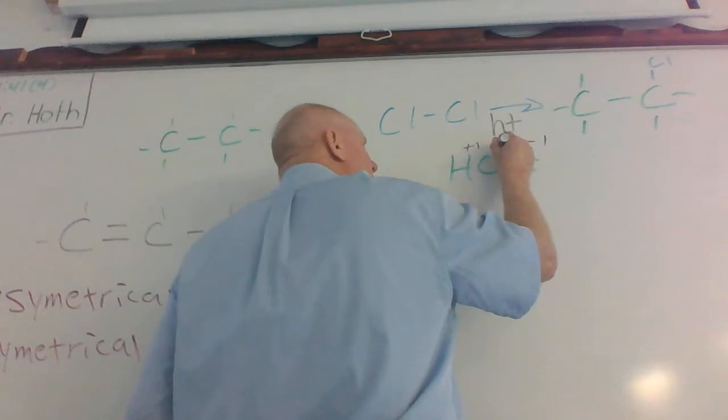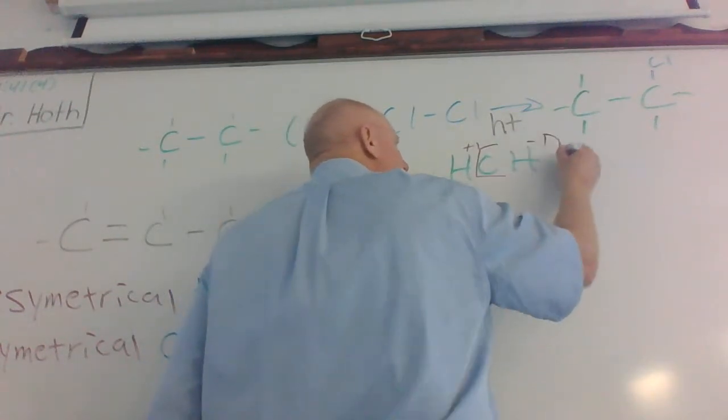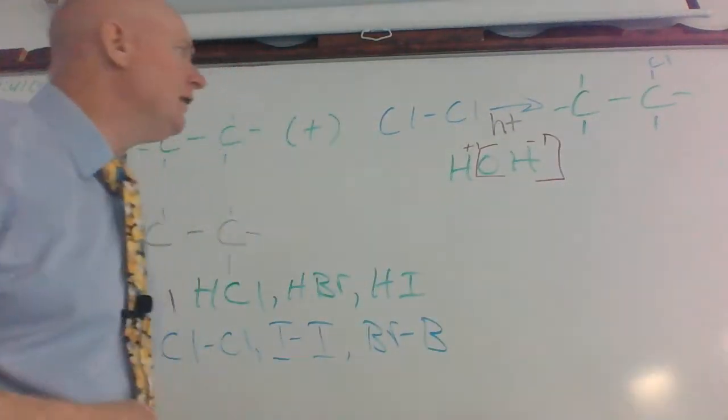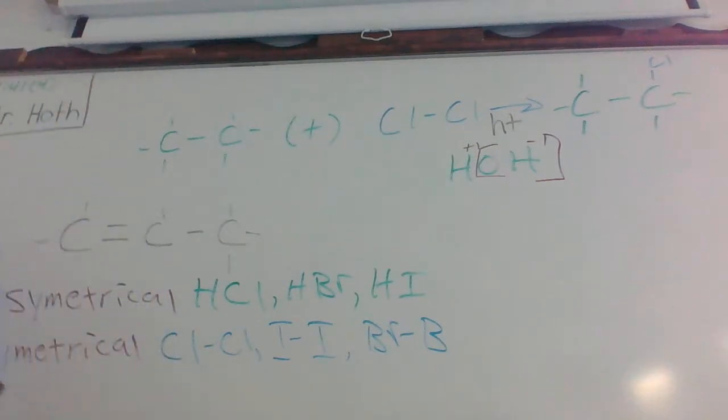So what that is saying is that you have the hydroxide ion and then the hydrogen ion. It doesn't come apart between the two. One hydrogen will stay attached to that oxygen. So therefore, that is not symmetrical. That is rather asymmetrical. So what that means is that it belongs up there with the hydrogen halides.